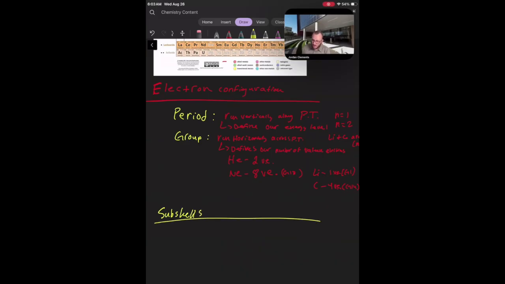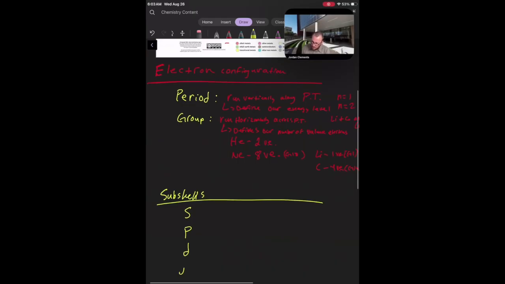We're going to have an S, P, D, and F. And these are important because these subshells and orbitals are where we can estimate an electron's location. And we use the periodic table to kind of define these subshells and orbitals.